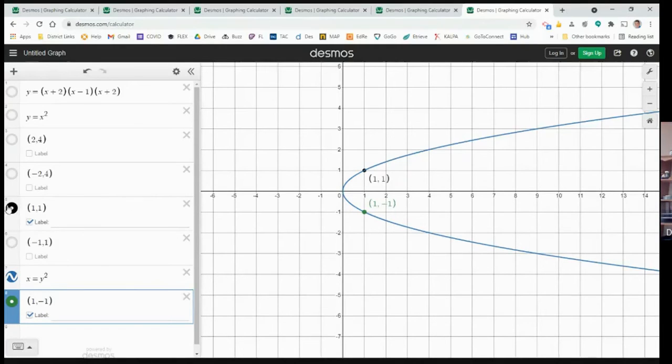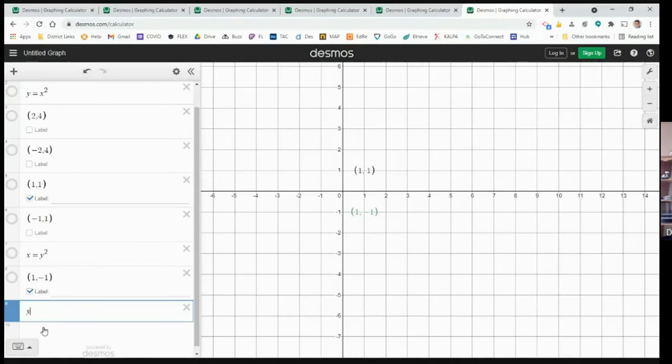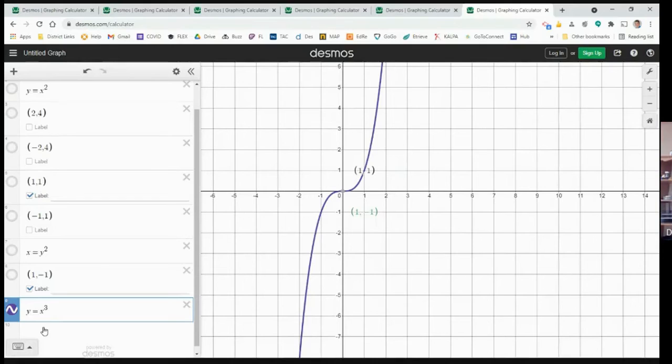So let's look at one that has symmetry with respect to the origin. y equals x to the third. So if we have the point 1, 1, let's turn on the point. There it is, 1, 1.